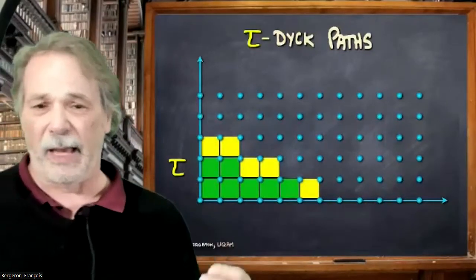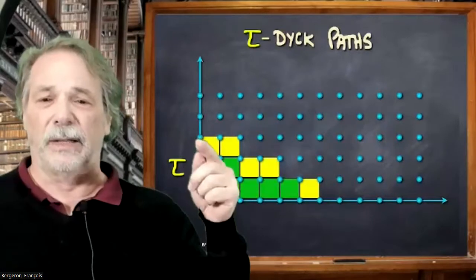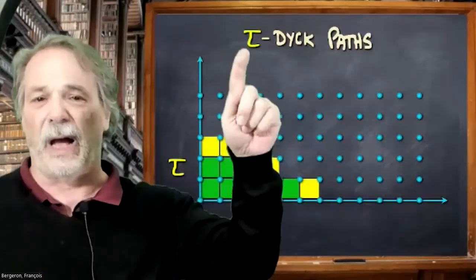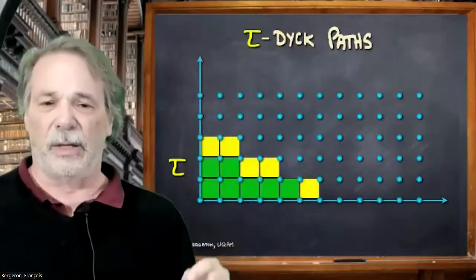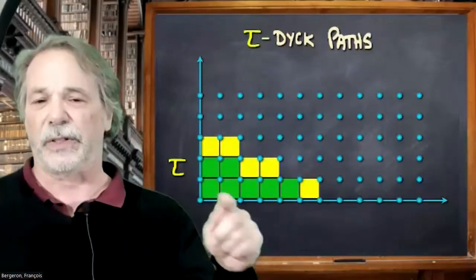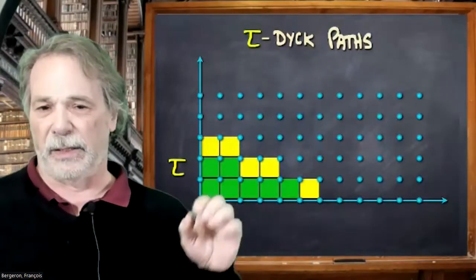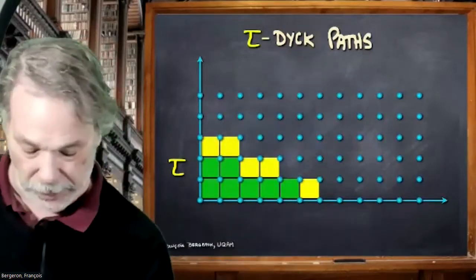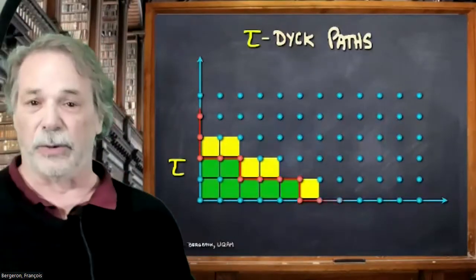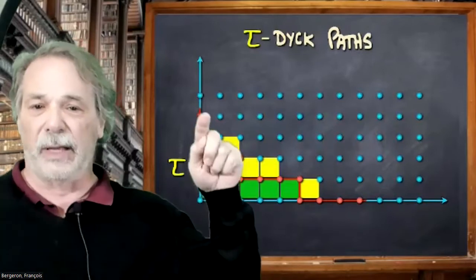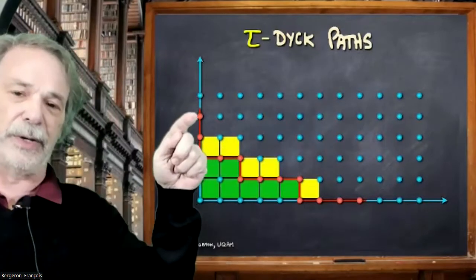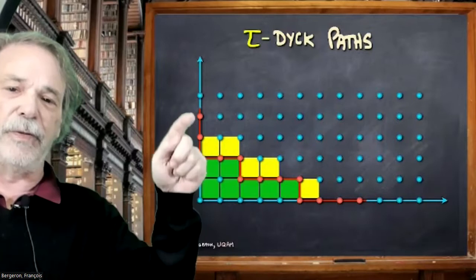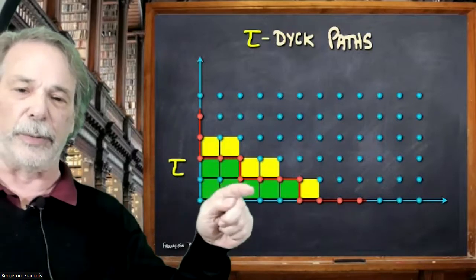What I'm going to say is that choosing a Dyck path of shape tau or inside tau corresponds exactly to choosing a subpartition. So counting Dyck paths is counting subpartitions. And if you want to see this as a path, think that you're starting somewhere here and you follow the boundary of the green.